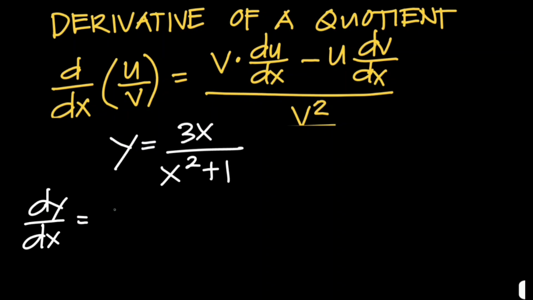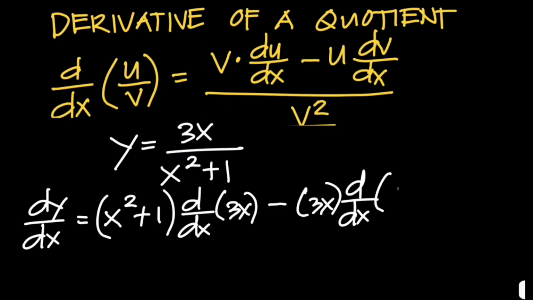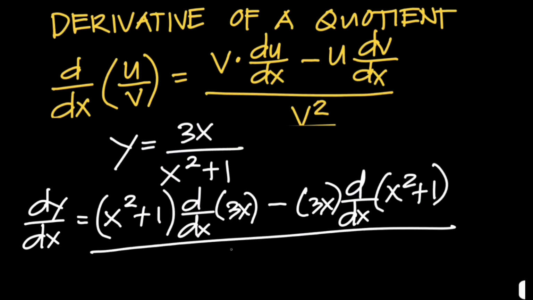So this is low, which is x squared plus 1, that is our v, times the derivative of u, which is 3x, minus u, the 3x, times the derivative of v, which is x squared plus 1, all over v squared, x squared plus 1 squared.